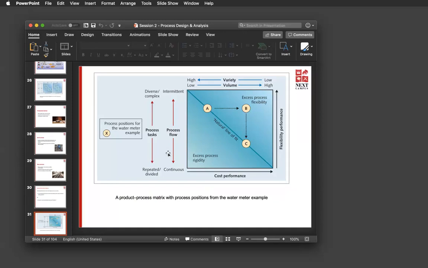Either it will impinge on your cost, or it will impinge on your performance. So you need to balance these and decide on the correct, most appropriate process that needs to be put into your organization. Okay?